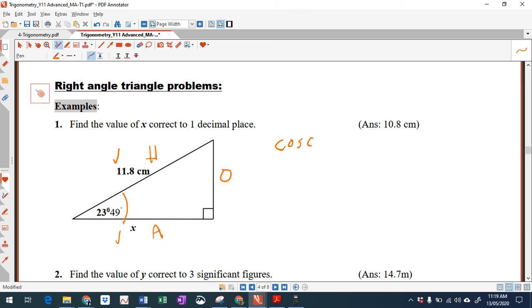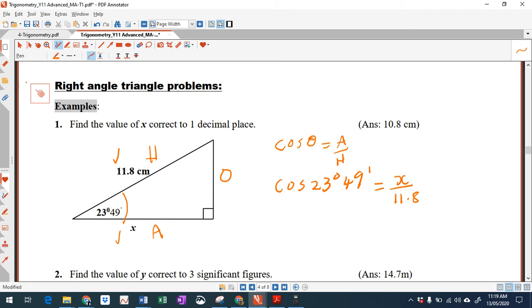So that means I'm going to write my cosine formula down. Cos theta is A over H. So that gives me cosine of 23 degrees, 49 minutes is equal to the adjacent side, x divided by 11.8.